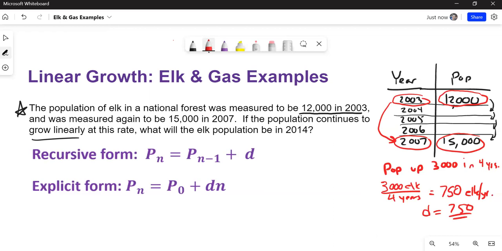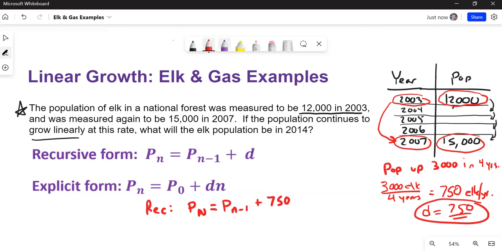So let's take a look at the two recursive forms. The first one, P sub n equals P sub n minus 1 plus D. Recursively, to find the number of elk, you take the previous year and add this number that we found, 750, to it. Now that works fine.